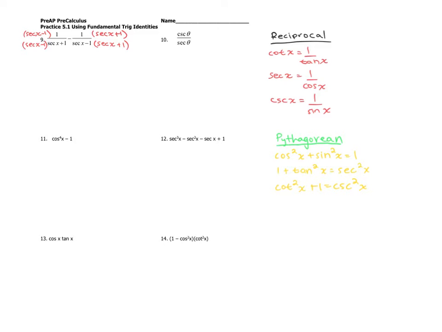Now let's rewrite our new equation that we got after making the denominators the same. We now have secant x minus 1 over secant x minus 1 times secant x plus 1, which by the distributive property gives secant squared x minus 1, and then minus secant x plus 1, since you're just multiplying by 1 on the other side, divided by the same thing, secant squared x minus 1.